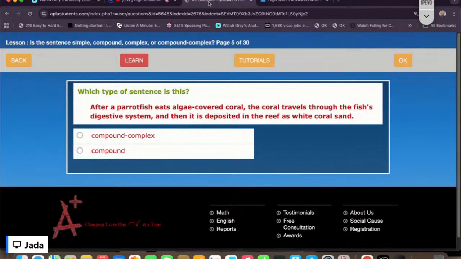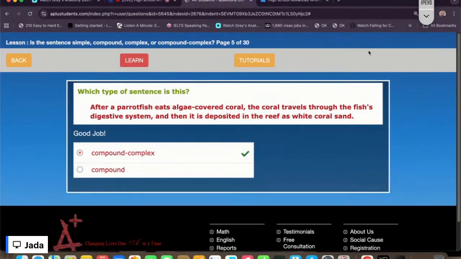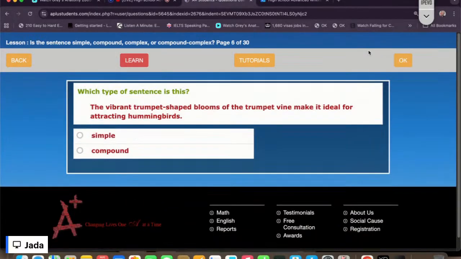Alright, so we have compound complex here. The vibrant trumpet-shaped blooms of the trumpet vine make it ideal for attracting hummingbirds.